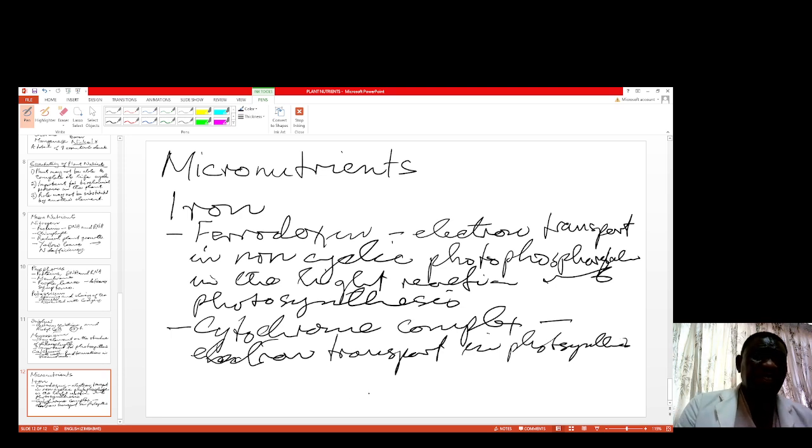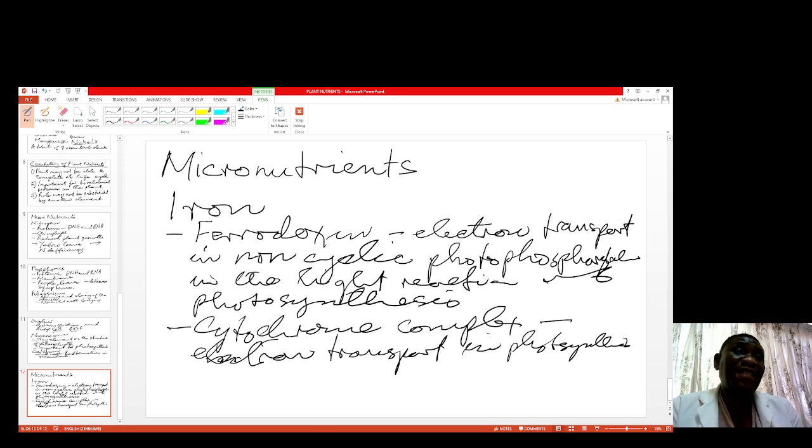Especially in the photosystem 2, ferrodoxin is in the photosystem 1. It's also important, the cytochrome complex.